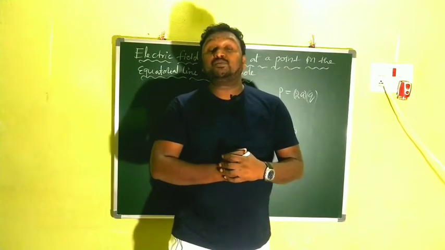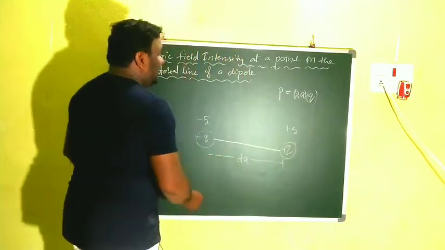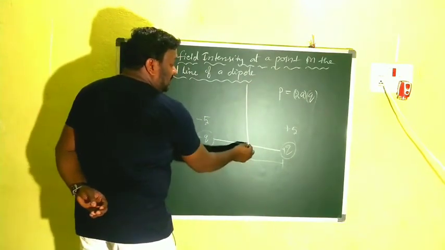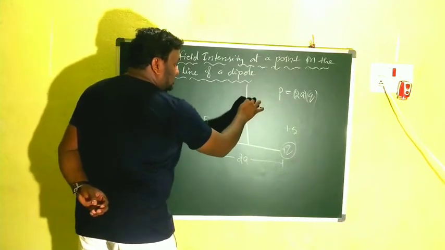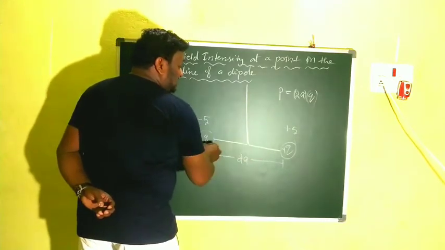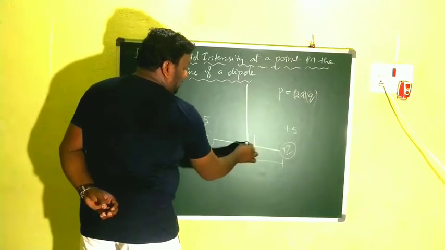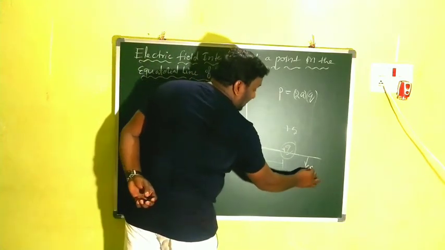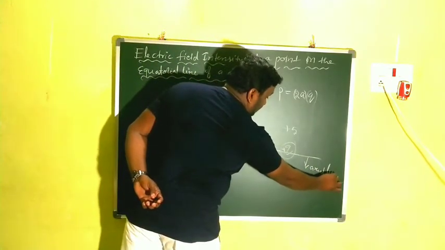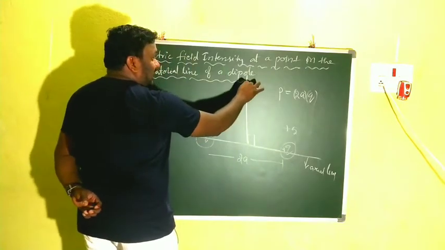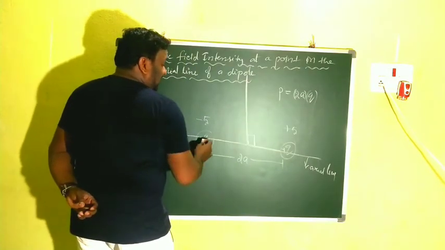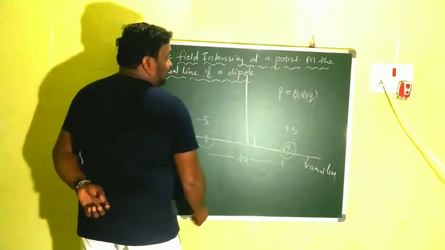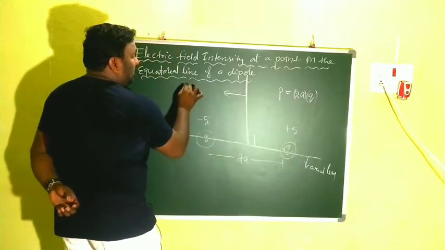For example, I am taking this vertical line. It passes through the center of the dipole and is perpendicular to the axial line. This is the axial line. This line separates the dipole length into two equal parts. Now this is the equatorial line.